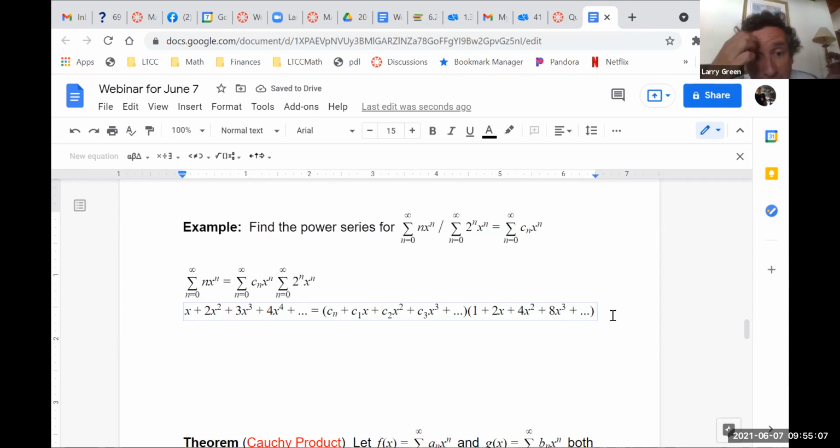Any questions so far? Okay, then you multiply and look. Notice here we get a c naught times 1 for the 0th order term. There is no 0th order term on the left, so c naught equals 0.